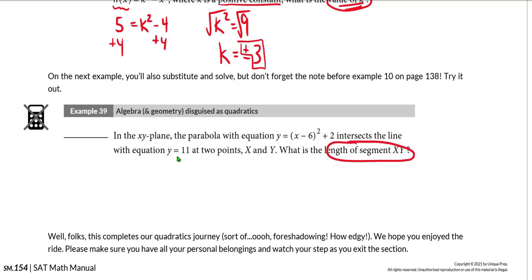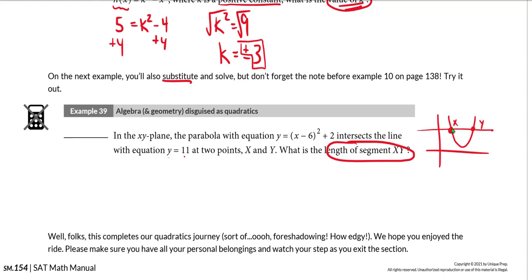Okay, so y equals 11 and y equals the parabola's expression. They intersect. Well, what that means is, yet again, we have a substitution opportunity here. Let's say there's this line y equals 11. Clearly, this is a parabola. We know that this parabola and this line are going to intersect at 2 points, x and y.